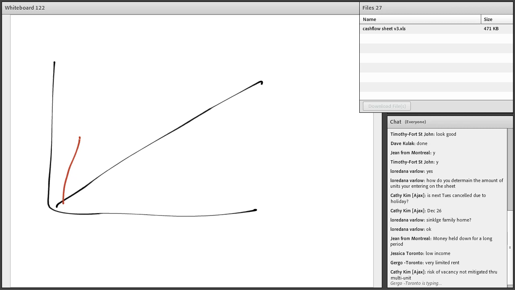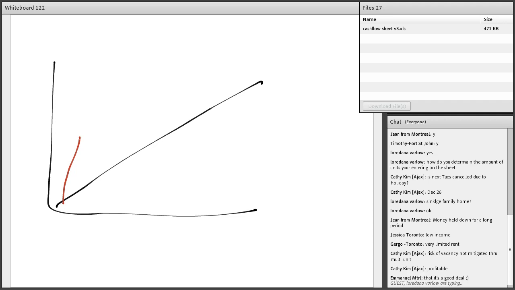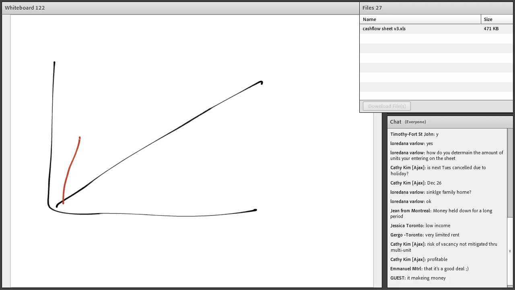What does it mean when a property cash flows? What does it fundamentally mean? It does mean profitability, absolutely, Kathy. Think about it. Yeah, it's a good deal, absolutely. What does it mean for an owner versus a renter?